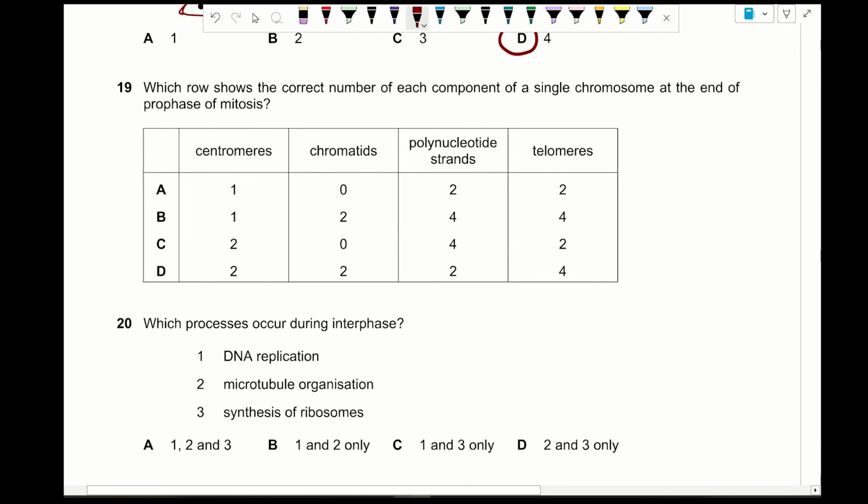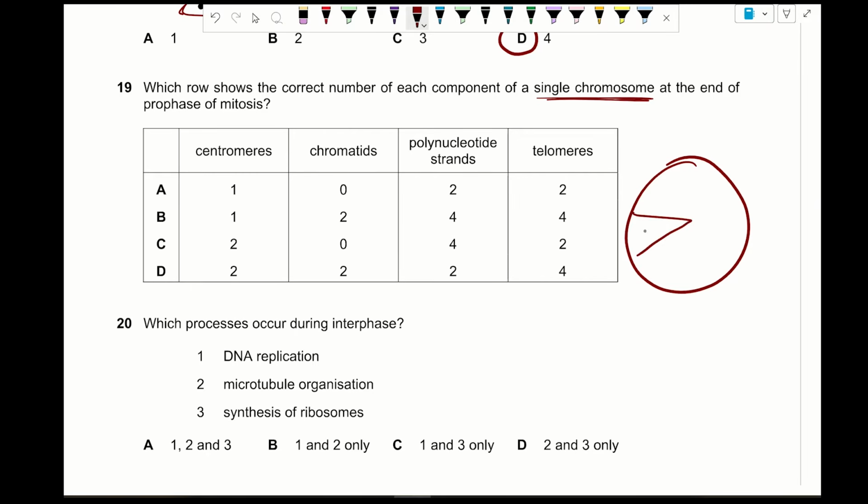Question number 19. Which row shows the correct number of each component of a single chromosome at the end of prophase of mitosis? So, we know that in the mitotic cycle, there is the S phase, G2, G1. This is the interphase.